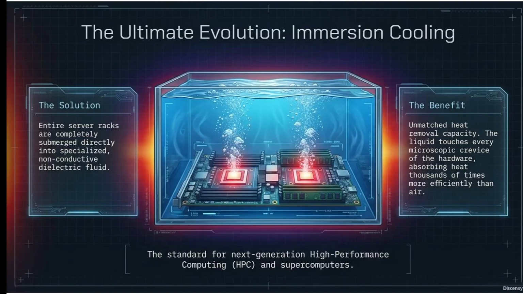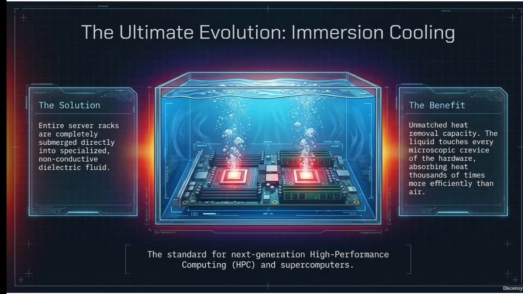The ultimate evolution, immersion cooling. So the solution which has been found for this situation is immersion cooling, where entire server racks are completely submerged directly into specialized non-conductive dielectric fluid.